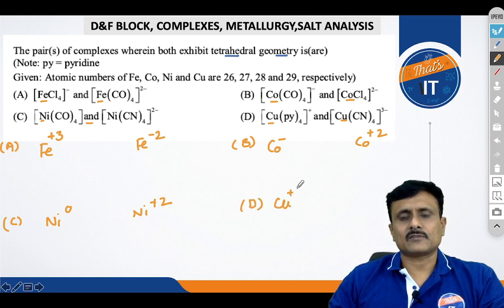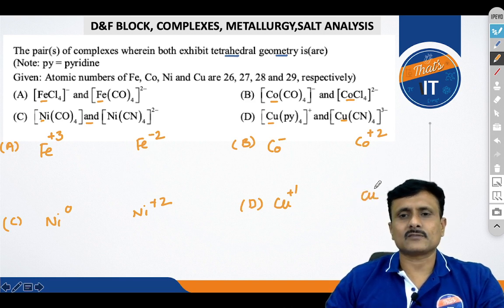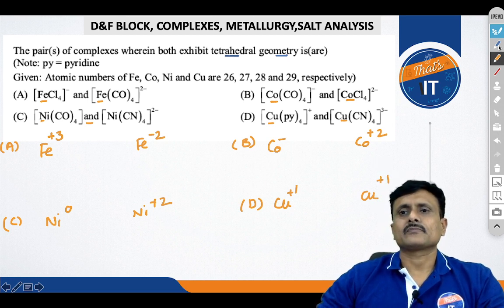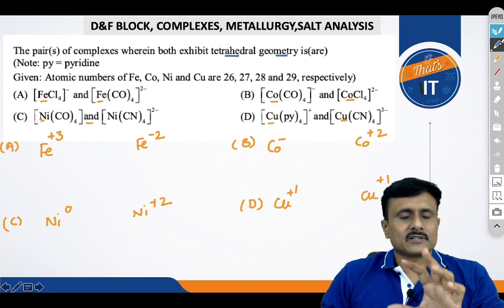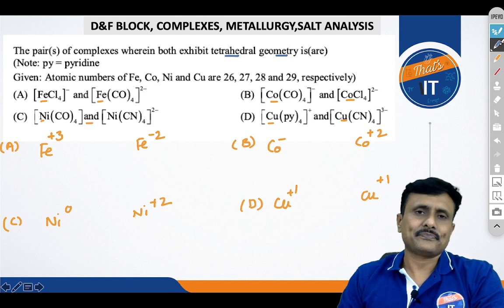Copper is +1 because pyridine is a neutral ligand, and in the other complex, the Cu cyanide complex, it is also +1. After taking this, you can apply valence bond theory to solve this question. CFT, that is crystal field theory, is not required.